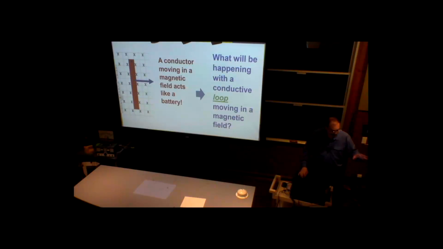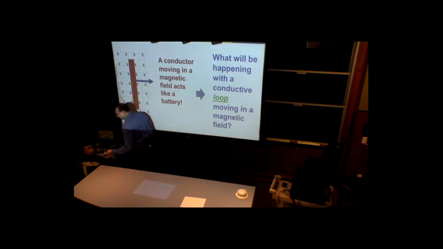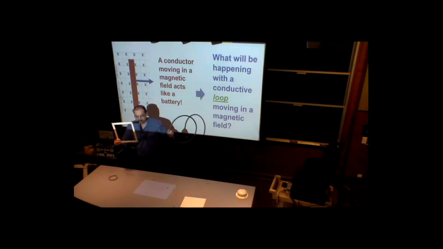So we know now very well what's happening to a rod traveling through a magnetic field. Next question is, what should be happening to a loop? What does a loop look like? Well, normally we imagine a circular loop, but it could have been rectangular, triangular, any loop.